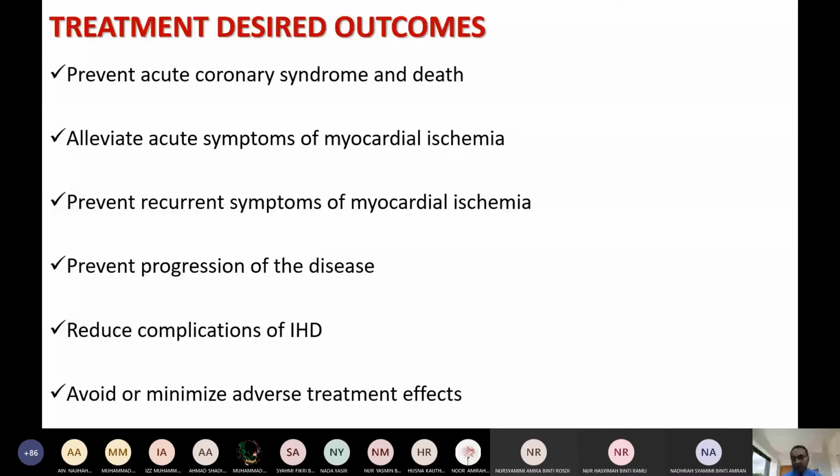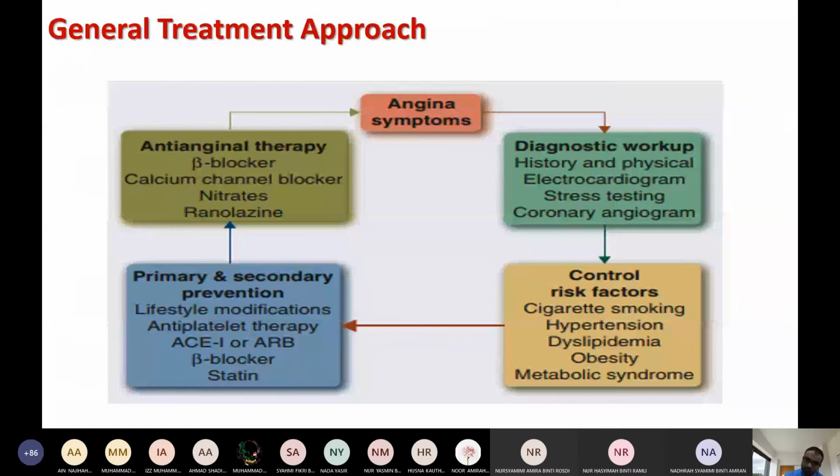After you have the angina symptoms, as we highlighted, a diagnostic workup will be there: history, ECG, stress testing, coronary angiogram, and so on. We also have a list of risk factors identified in the given case, including the modifiable risk factors that we can play with if we want to modify, meaning decrease, the patient's risk.